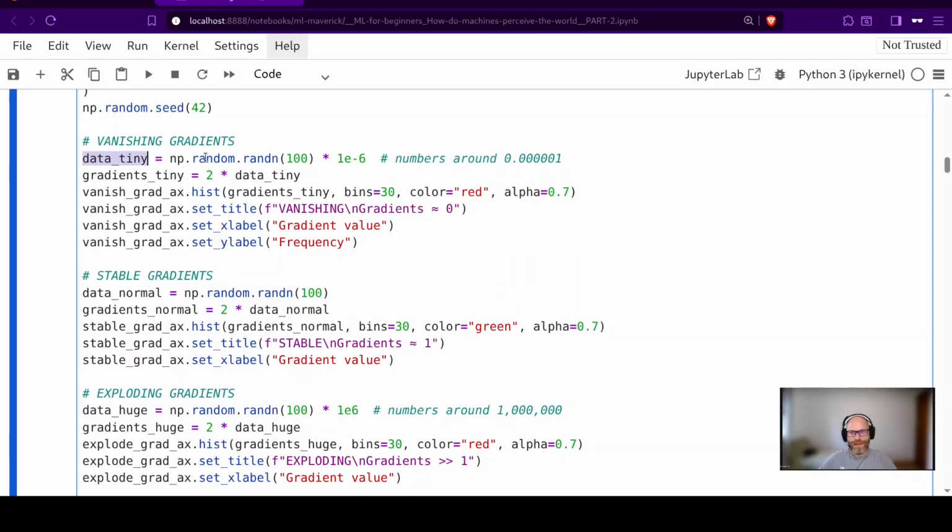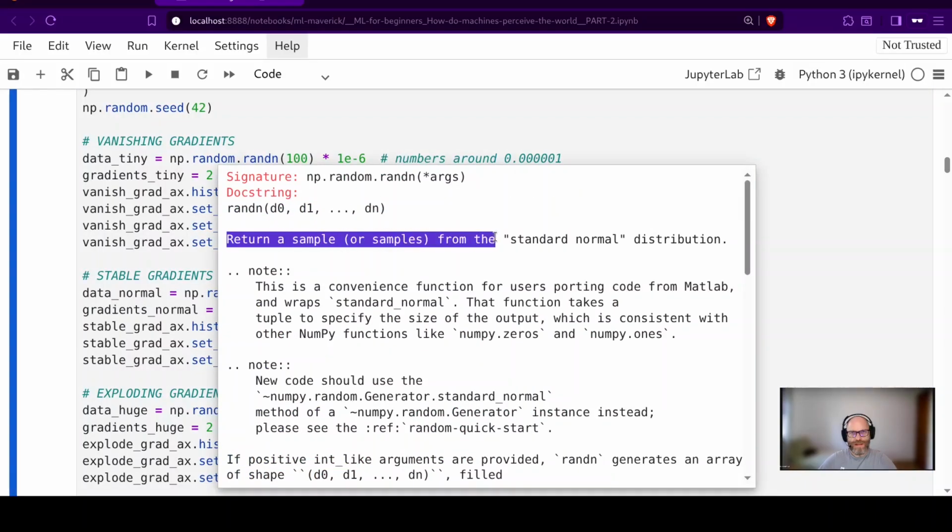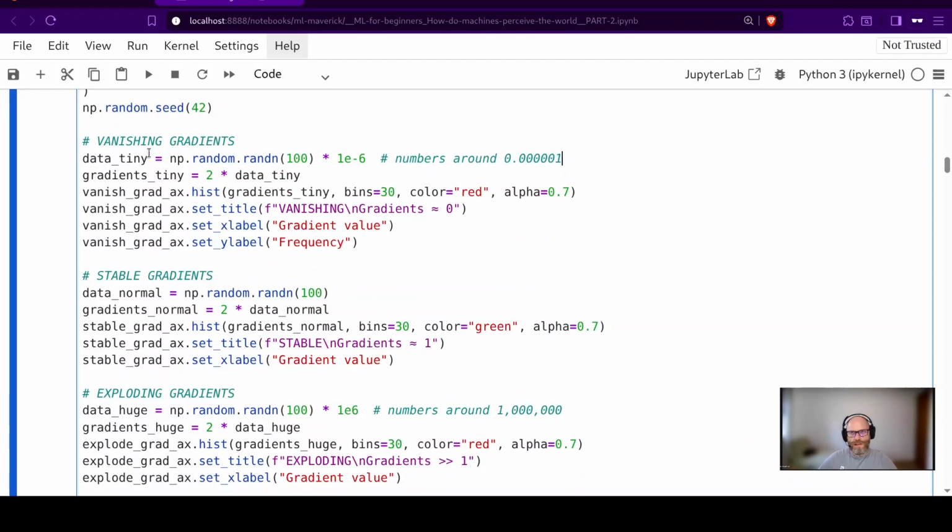Tiny data is from np.random.randn, which returns a sample or samples from the standard normal distribution. In this case, tiny data is multiplied by 1e-6, which is around 0.000001, a super small number. For normal data, it's just randn for 100.